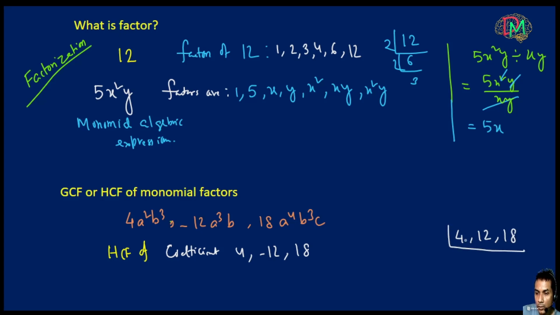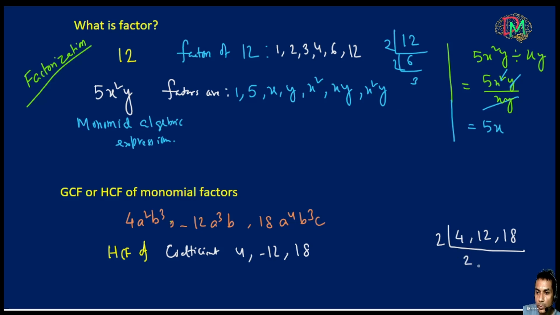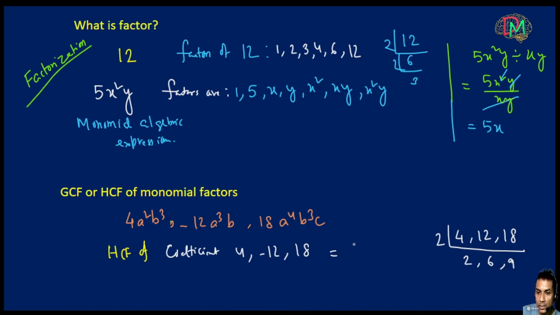These three constant terms are all divisible by 2. So 2 to the 4, 6 to the 12 and 9 to the 18. So the HCF of the coefficients of the given terms is 2.